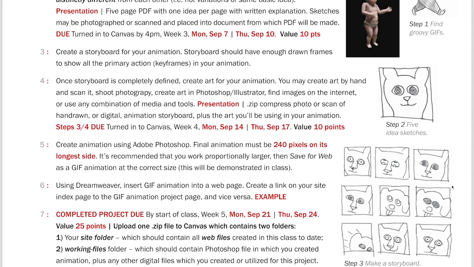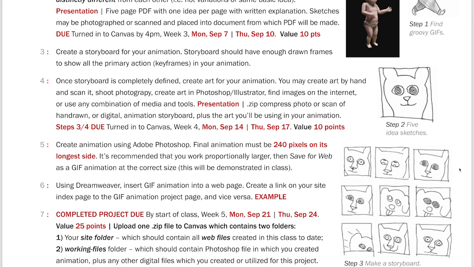Once you've done that, same way you did with your roughs that were due this week, this isn't a drawing class. Draw it as well as you can, make notes as necessary so that I understand what you've drawn, and just basically use this as a tool to help you figure out the artwork which you're going to need to create or to find. And that is the second part, step 4.